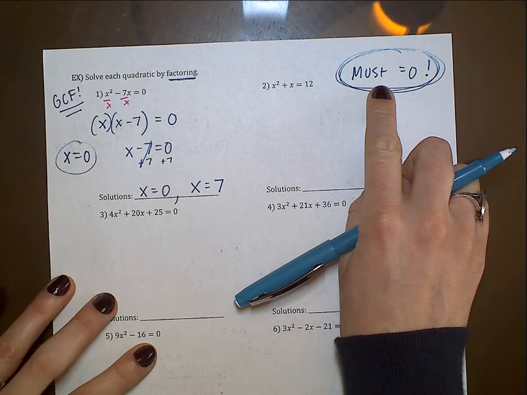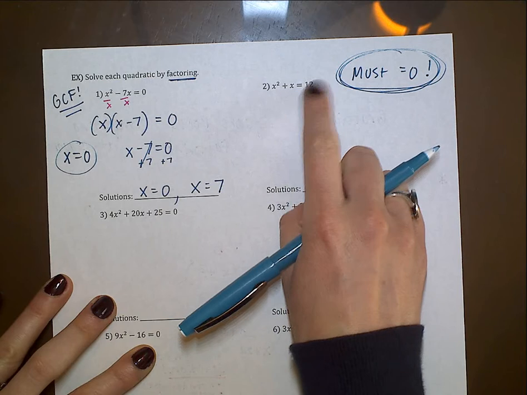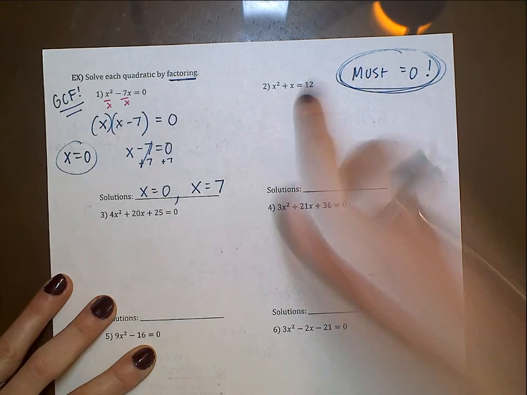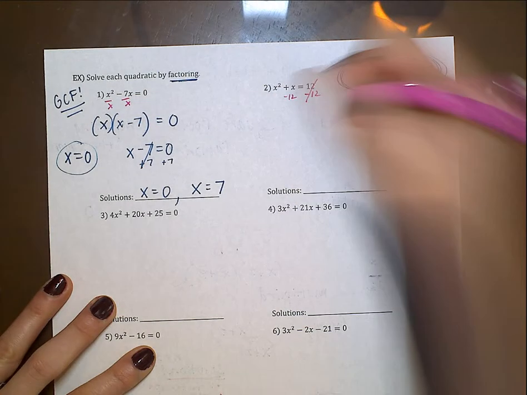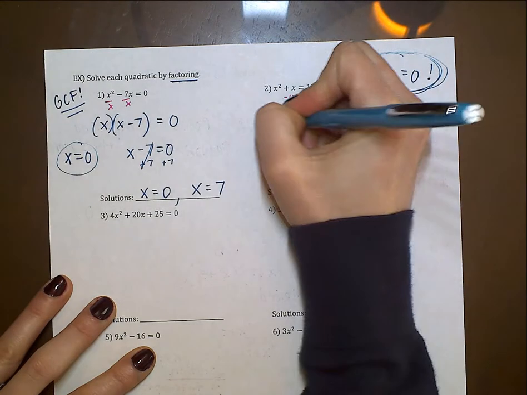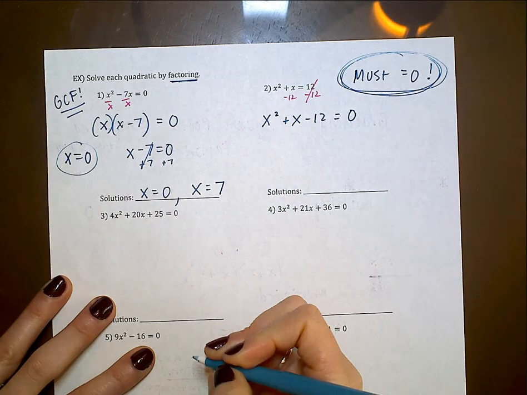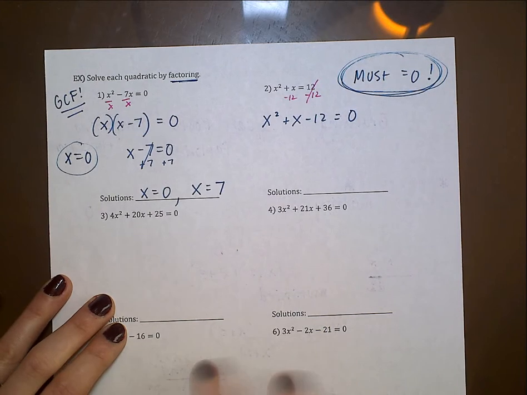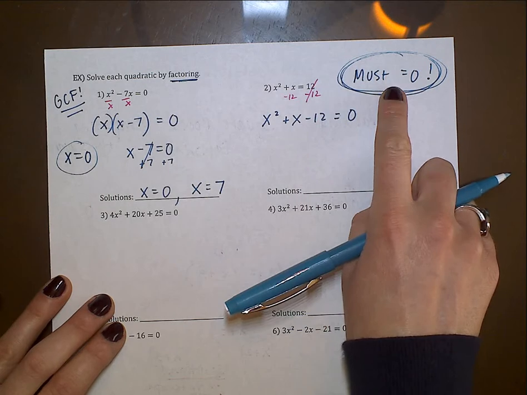So if it doesn't start out equaling 0, say it starts out equaling 12, you need to move the 12 over so that this equals 0. Otherwise, the zero product property is not going to apply, meaning I could not solve this using factoring. The rest of them equal 0, so those are okay, but if they're asking you to use factoring, it must equal 0 to be able to use the zero product property.